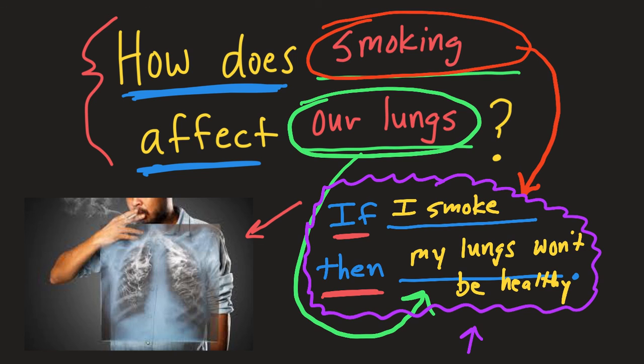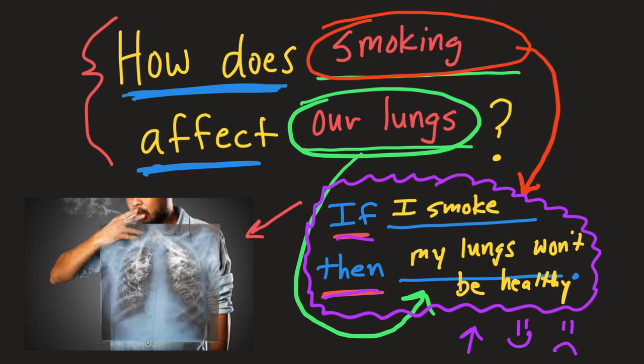From here, we would design and plan an experiment to see if this hypothesis is correct or incorrect. We'll talk about those steps later. So the format should include if and then with a couple of blanks there.